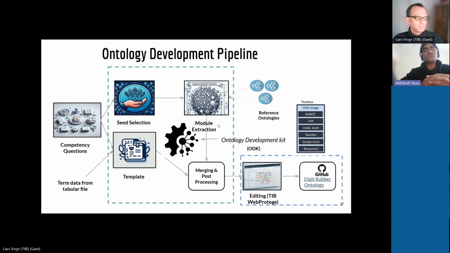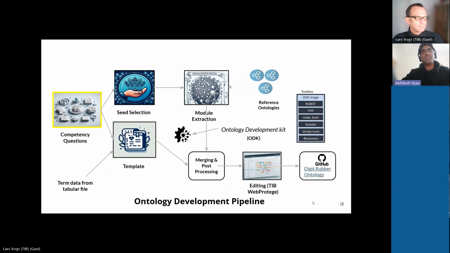And below we start from the template, having the term definition template also created by the project partners. Later, we merge the module extracted and template generated files. And finally, we edit it using the TIB web service and push it into the GitHub repo. I will explain all these parts in other slides.